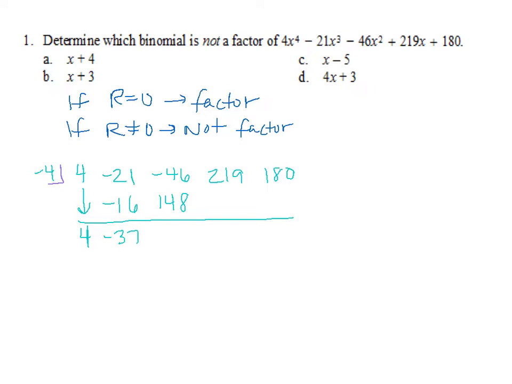I'm going to take negative 46 plus 148, which gets me 102. Again, that 102 gets multiplied by my negative 4, which gives me negative 408. I add down my rows, so 219 plus negative 408.